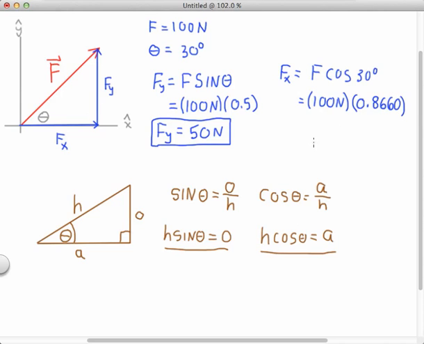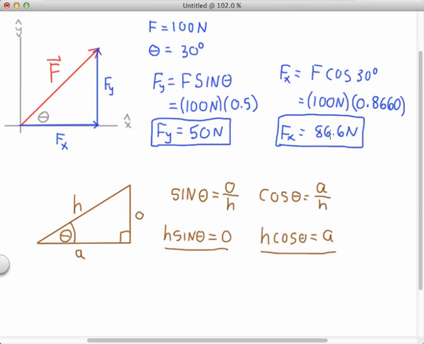It's actually the square root of 3 over 2. So f sub x now is equal to 100 times 0.8660, which is about 86.6 newtons. And so we have the x component of the vector.